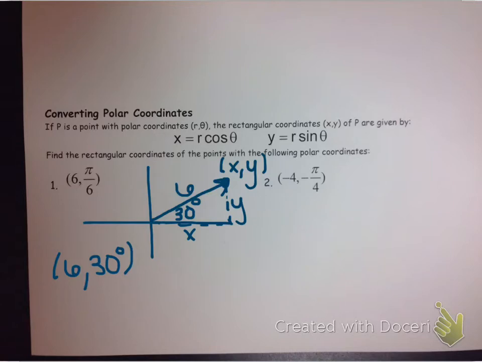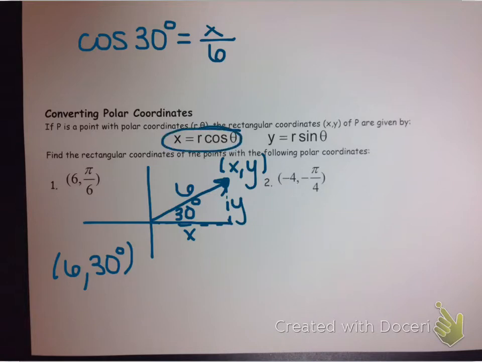So if I did my right triangle SOHCAHTOA kind of trig, then for the x side that I was looking for, I would use cosine of 30 degrees is equal to the adjacent side, which is the x value, over the hypotenuse, which is the r value, or the r coordinate. And so what this formula right here does is it simply takes that 6 and multiplies it up to the other side.